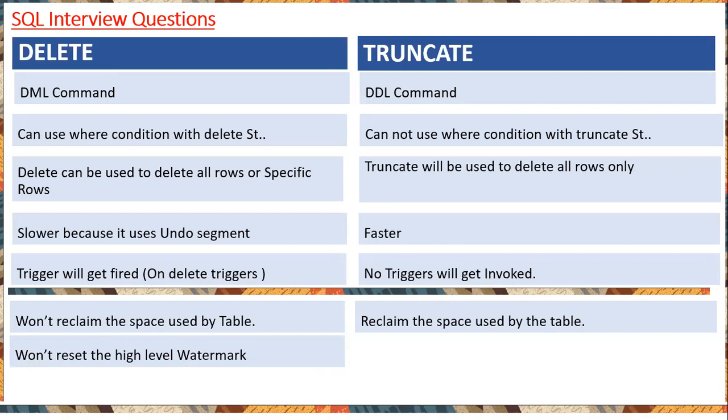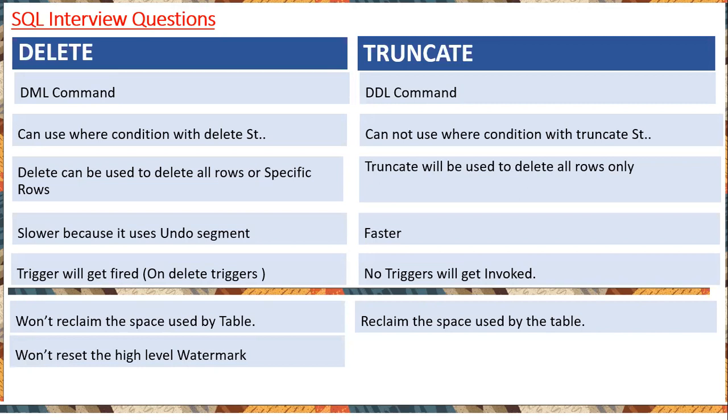So when you try to pull the data, the system need not search the unused space. If you maintain the high level watermark, HWM we'll call it, then you get very good performance when executing SQL queries. I'll make one video on the high level watermark in the next sessions.